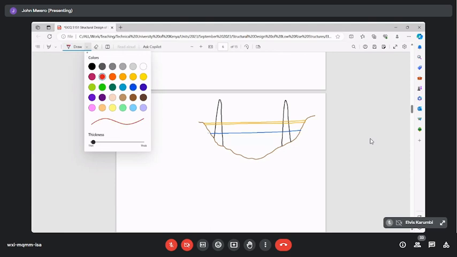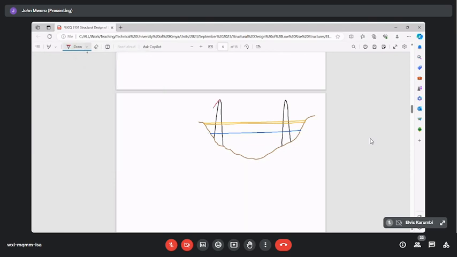Cables fan out from the tower, called cable stays.